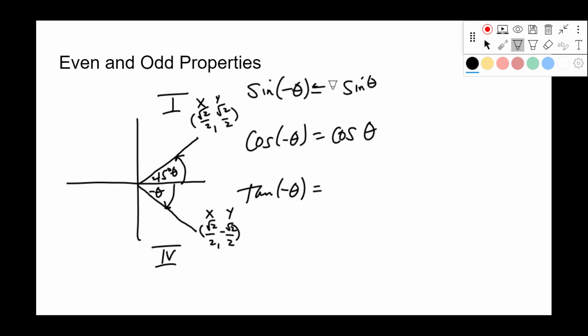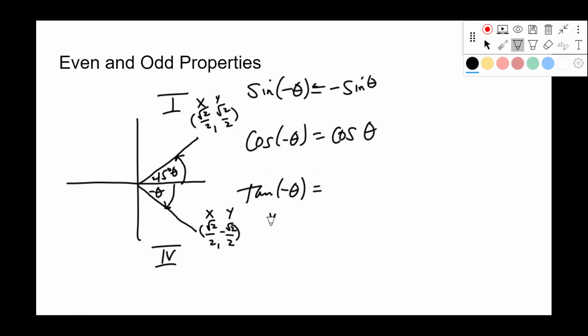The answer in quadrant 1 is the opposite of the answer you'd get in quadrant 4. In quadrant 1, the answer is positive. But in quadrant 4, the answer is negative. These two answers are opposite of each other. Okay? And then tangent, it's the same as sine.